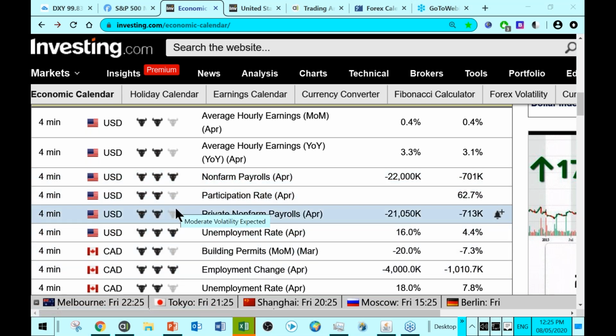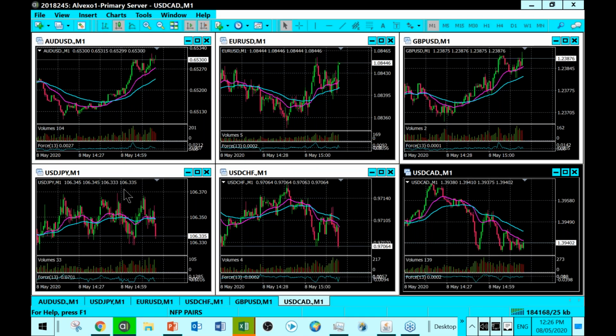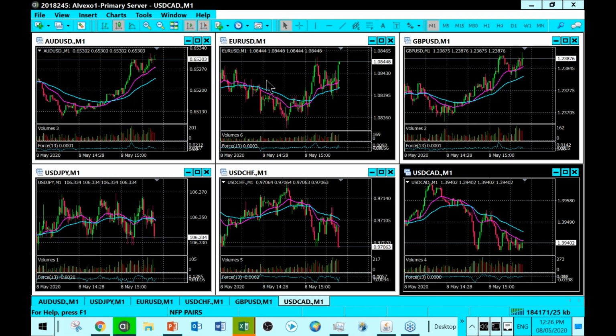In the event that it's anywhere less, let's call it 21 million, 20 million, that's going to be considered positive. It'll print out in green. That means that we should, by way of recap, see the dollar on the right go down and the dollars on the left go up.